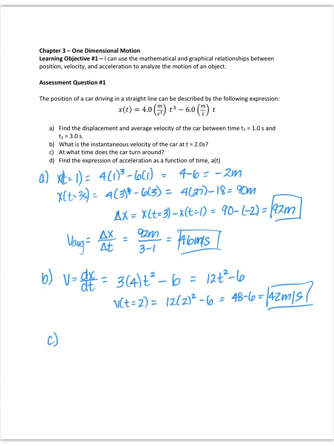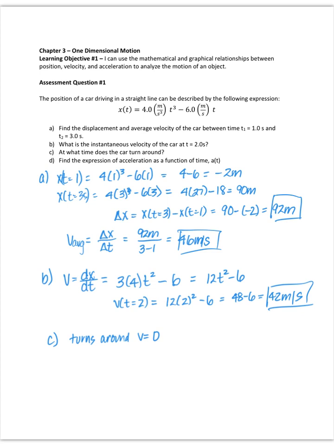The third part of this problem asks, what time does the car turn around? Well, it turns around when the velocity is equal to 0. Keep in mind that if it has a positive velocity, then goes to 0 and then becomes a negative velocity, that's changing direction. And so we know the instant that the velocity is 0 is when it changes direction.